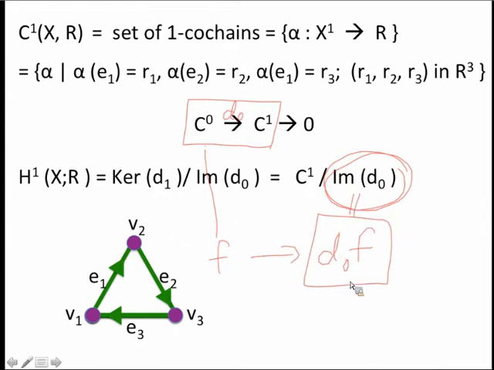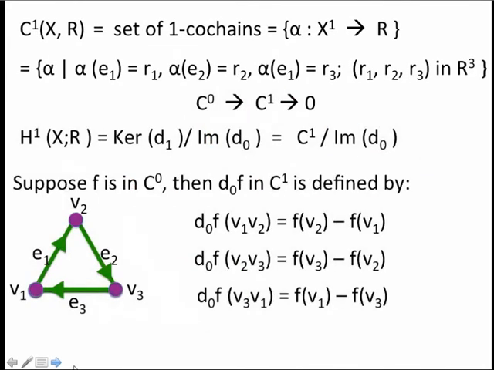So all I need to do is understand these maps D naught of F. To understand those, I can just take a look at the definition of D naught of F.